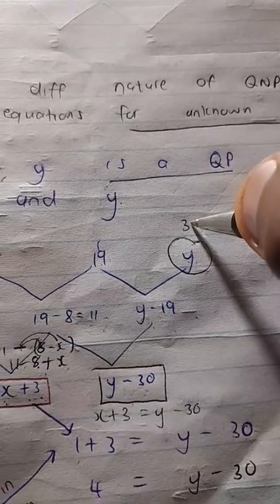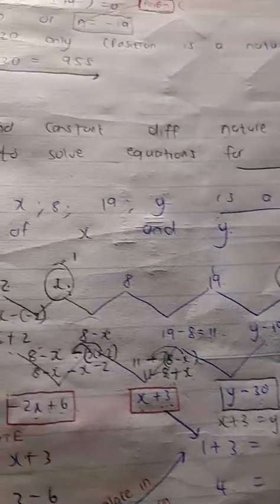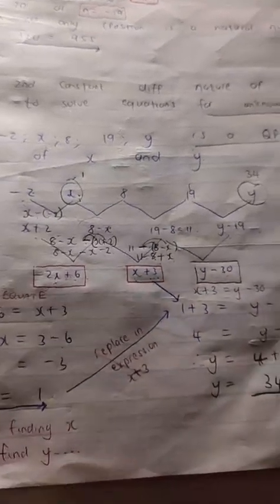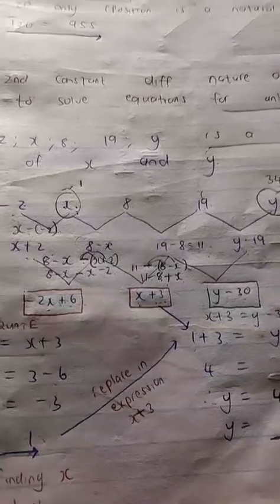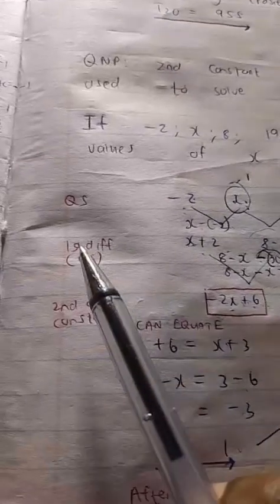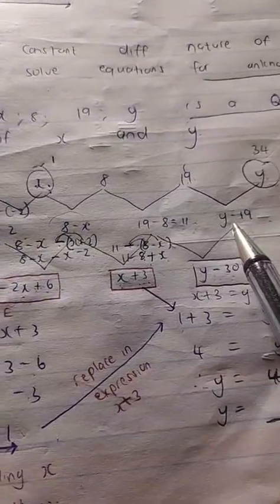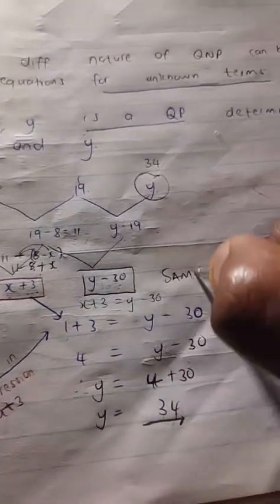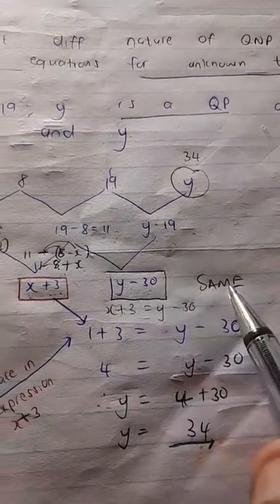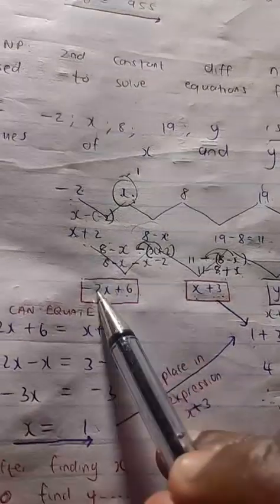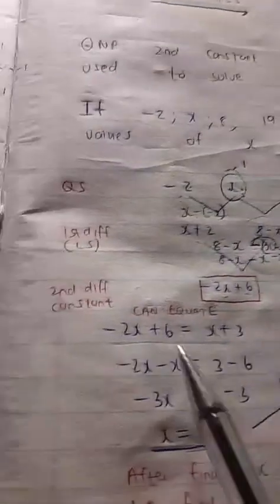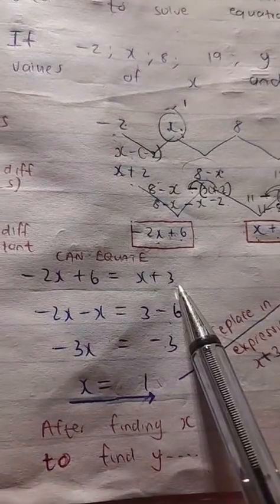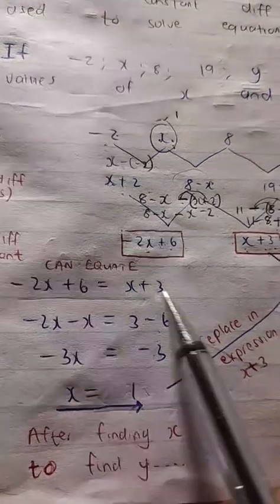So we've just gotten the value of x, it's 1, and we've gotten the value of y, it is 34. And what did we use to do this, guys? We used our understanding that even though the first difference of a quadratic sequence is not constant, the second difference is. And what does constant mean? It means same, meaning 1, 2, 3 are the same, which means things that are the same can be equated.